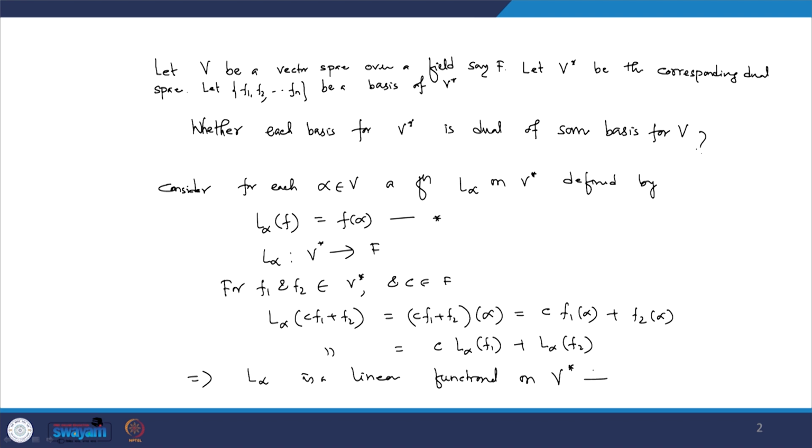So, for each alpha we have introduced a linear functional L alpha like this. So, L alpha belongs to V star star. This is called the double dual space, please.